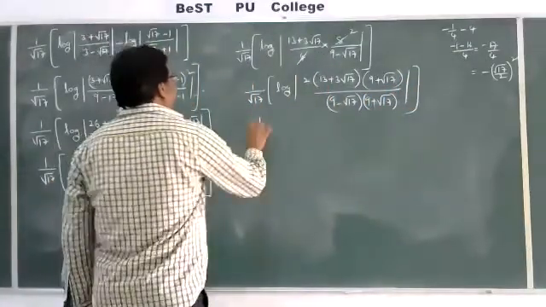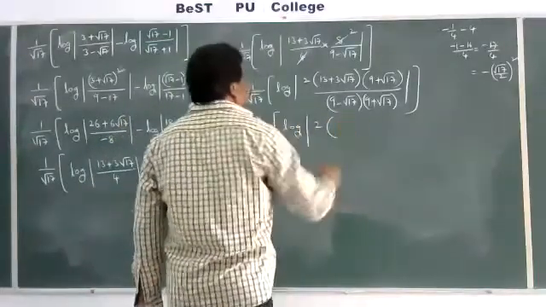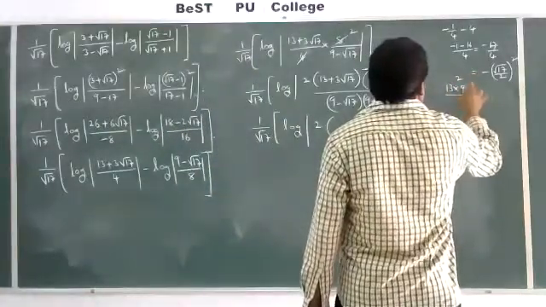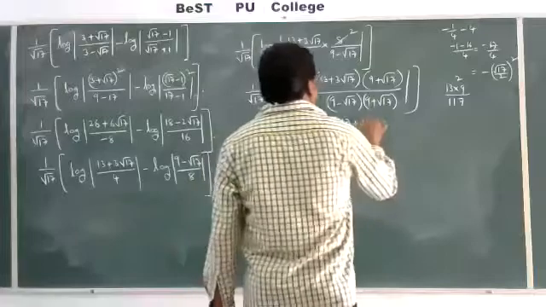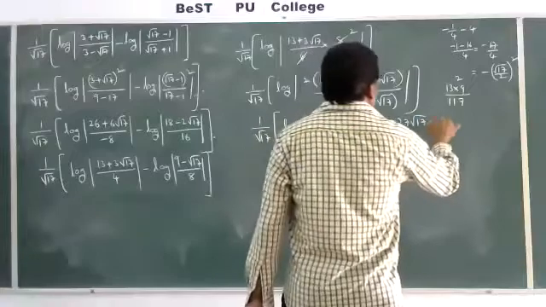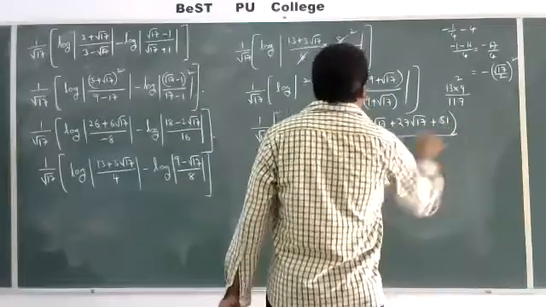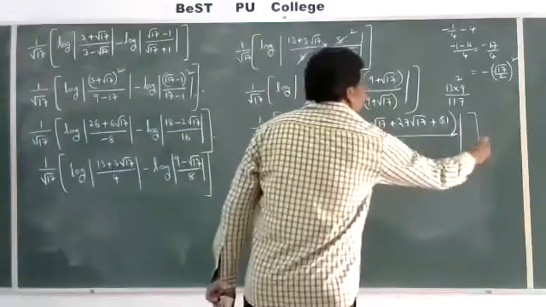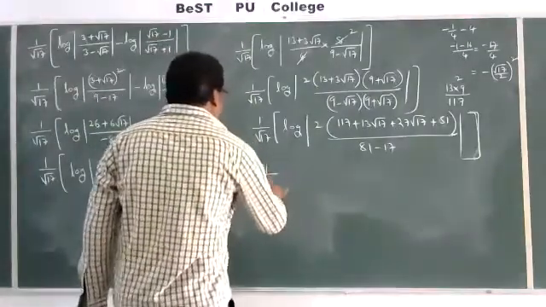So in the numerator you get 1 by root 17 into log mod 2 into 13 into 9, 117, 117 plus 13 root 17 plus 27 root 17 plus 3 into 17, 51, by denominator 81 minus 17. That is 1 by root 17.